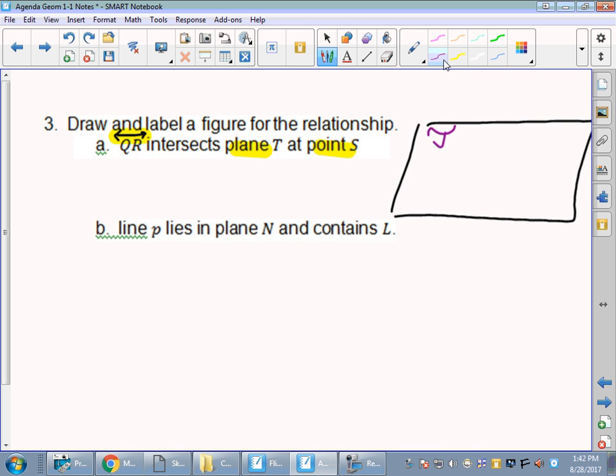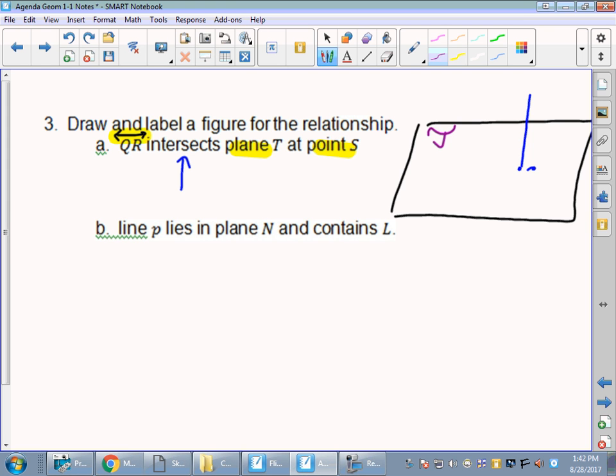Is QR a part of plane T? Notice this word, intersects, right? Intersects means cross or touch. If it just crosses or touches the plane, is it lying on top of it or is it going through it? Think of a piece of paper and you shoot a pencil through it. Don't do it right now. So I'm going to have a QR. I'm going to have it touch right there.